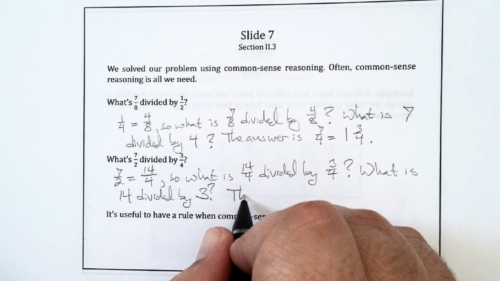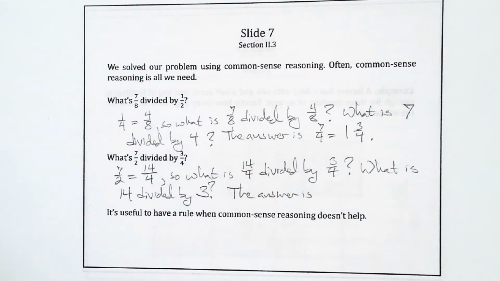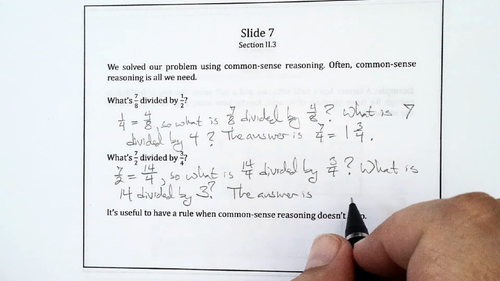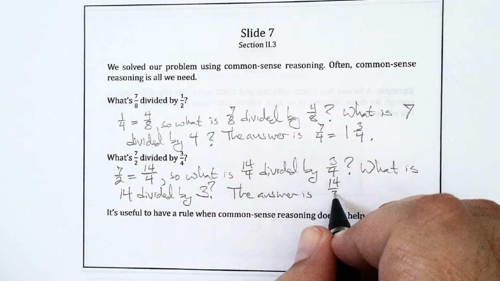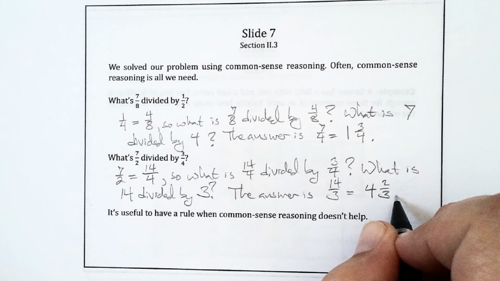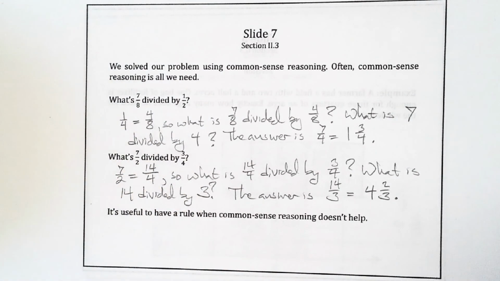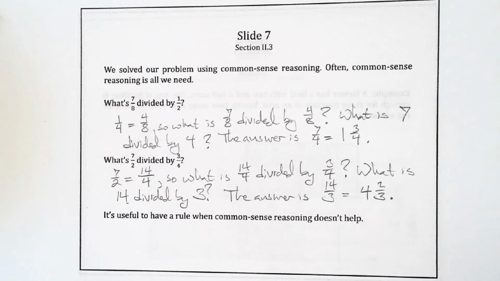Well, the answer is 14/3. Or in other words, 4 2/3. Yes, 4 2/3 threes that fit into 14. Okay, but it's helpful to have a rule when common sense reasoning doesn't help.